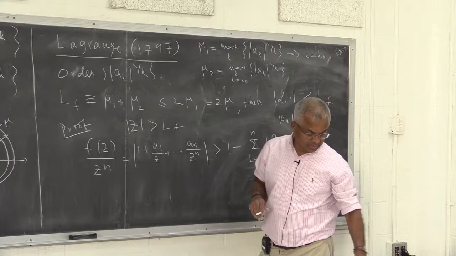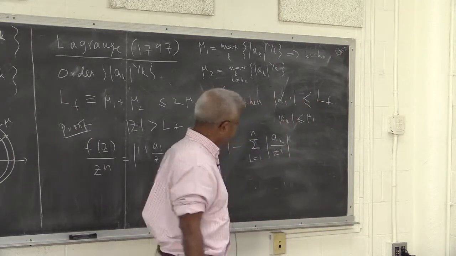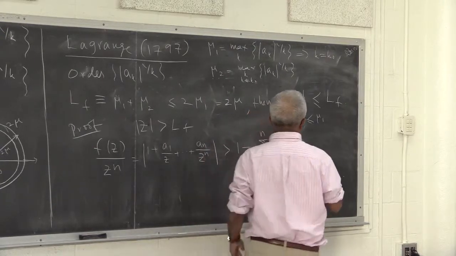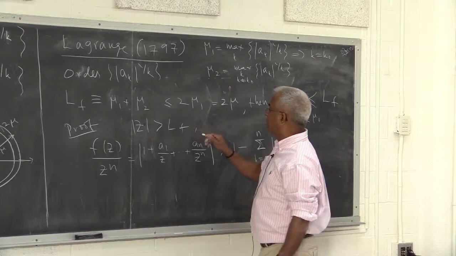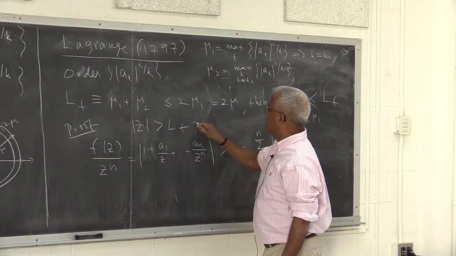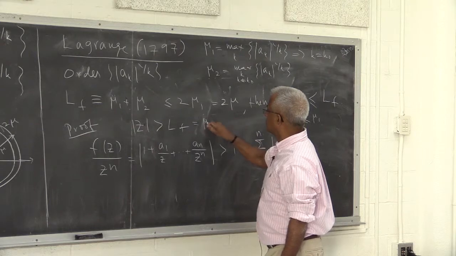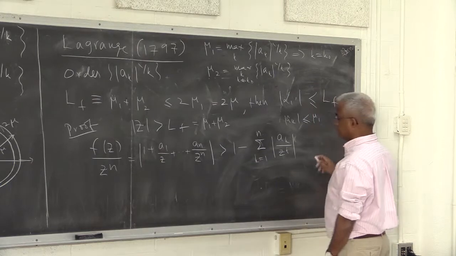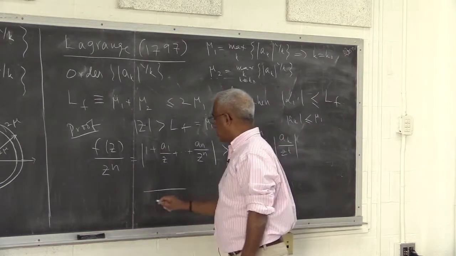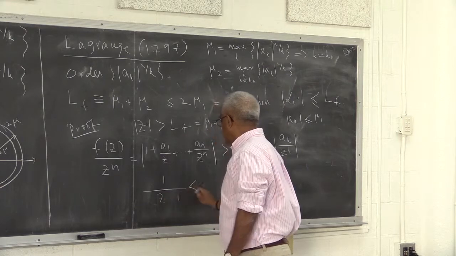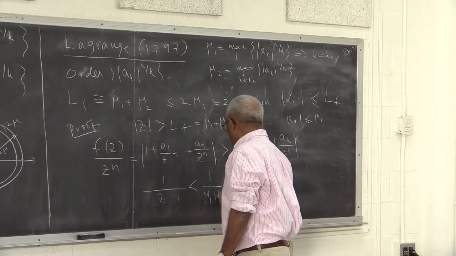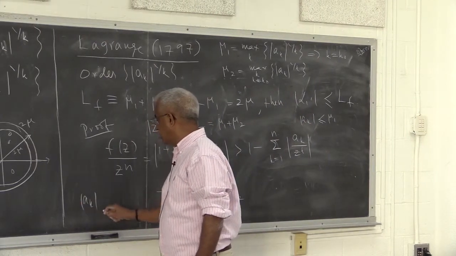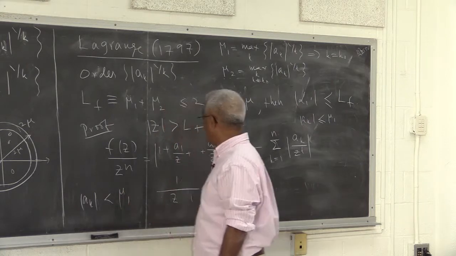So I can rewrite this as, certainly z is greater than LF, so the LF is of course mu1 plus mu2. So we have 1 over z is less than 1 over mu1 plus mu2, and the aks are less than mu1 for n minus 1 of them.